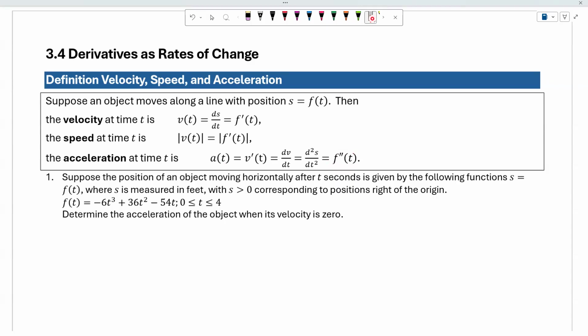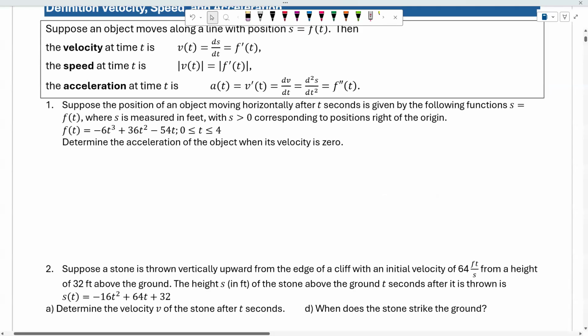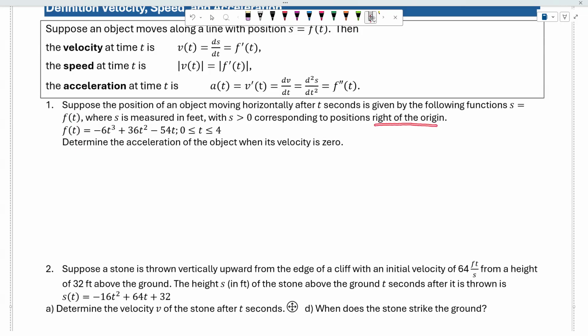Now let us look at our first example. Suppose the position of an object moving horizontally after t seconds is given by the function s equals f of t, where s is measured in feet, with s greater than 0 corresponding to positions right of the origin.